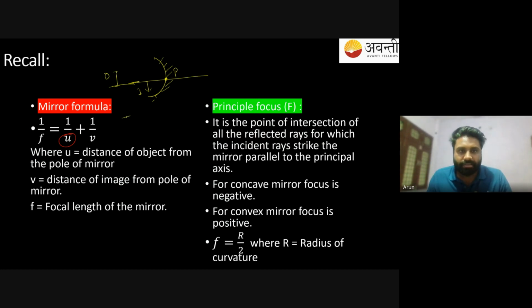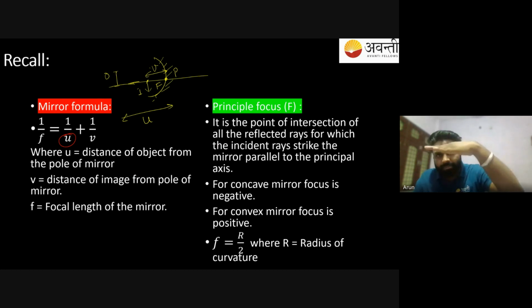Pole से the distance of the object will be considered as u, and the distance of the image will be considered as v, and focus is nothing but the point of intersection of reflected rays. ठीक है. And the rays moving parallel to the principal axis. What is focus?